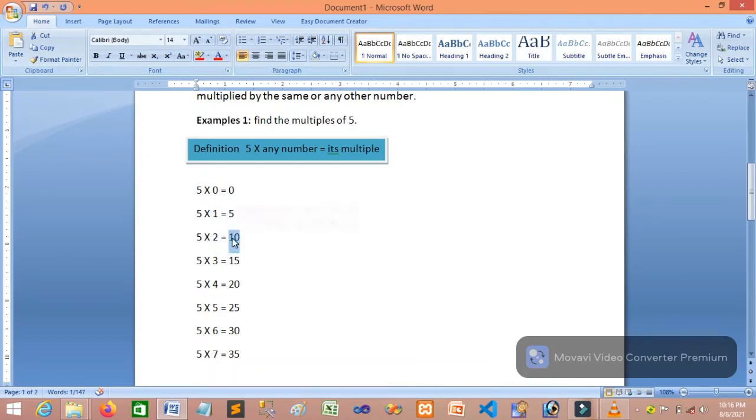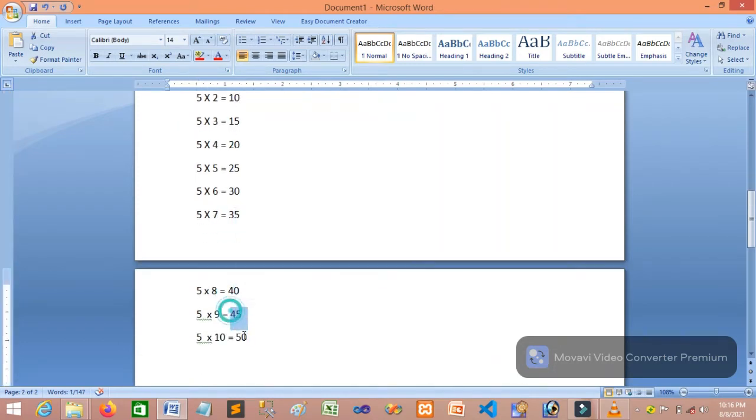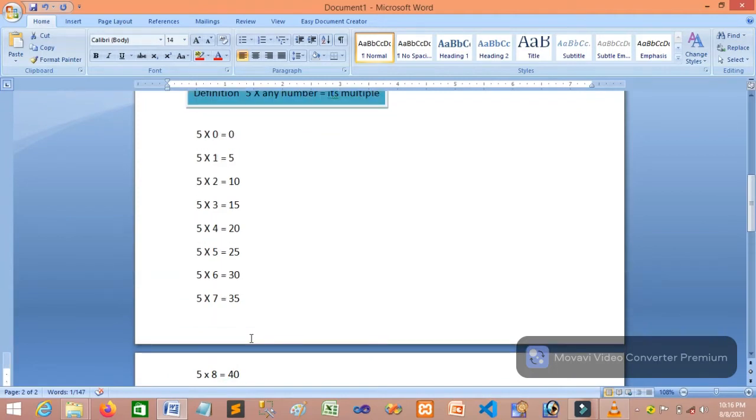So 10 is the multiple, and 2 and 5 are the factors. For the third pair, 3 and 5 are factors and the product 15 is the multiple of 5. Then 5 and 4 are factors and the multiple is 20. Then 25, 30, 35, 40, 45, 50 and so on.